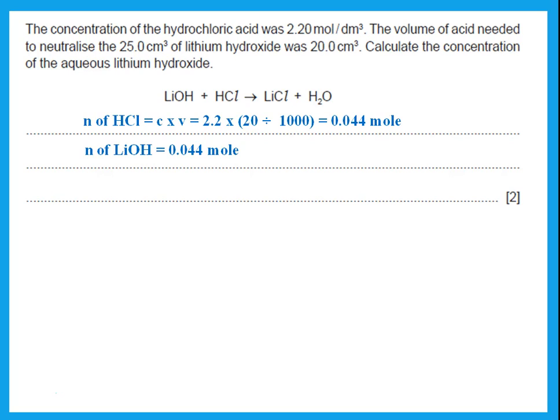So if I have a certain number of moles of HCl, it is the same number of moles of lithium hydroxide. Now, what is he asking for? Concentration. Concentration is number of moles over volume. You have to remember the three equations that we talked about. Concentration is number of moles over volume, and the volume has to be divided by 1,000 before I put it into the equation. So this is my concentration of lithium hydroxide. Okay.